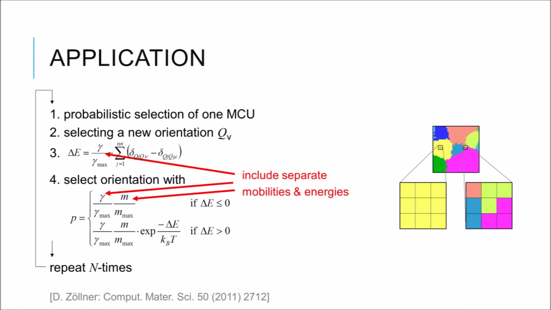So it basically means that whenever a lattice point that you pick is on a boundary, it gets the energy and mobility of the boundary. If it is associated with a triple junction, a triple line in 3D, then it gets a separate mobility and energy. And also with the quadruple junctions, it gets its own mobility and energy.